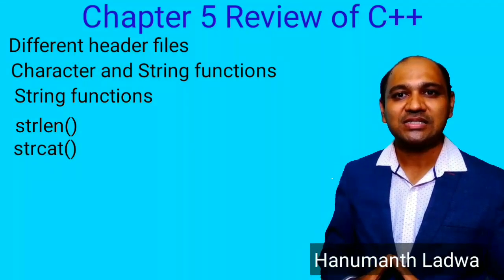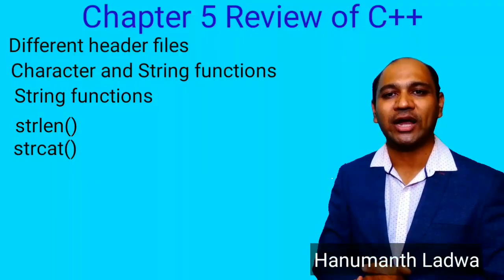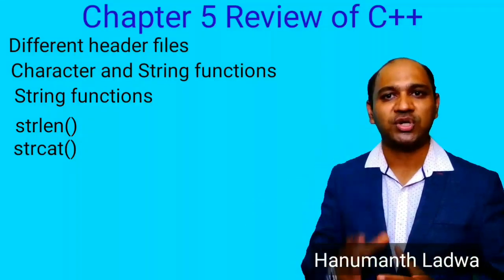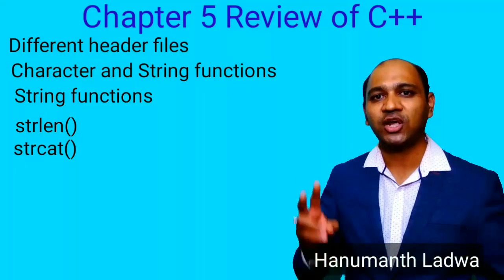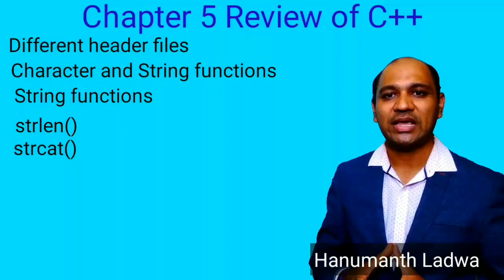Next, the strcat function. The strcat function is a string concatenation function which combines or concatenates two strings together. Always string 2 will append at the end of string 1. Let us take one example.